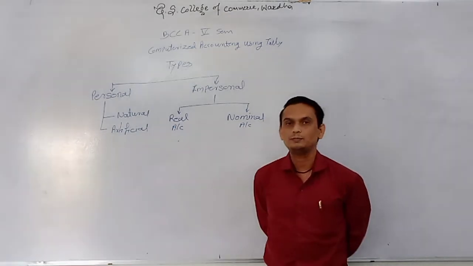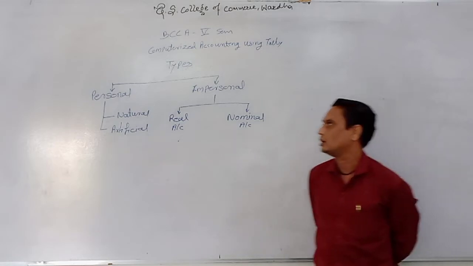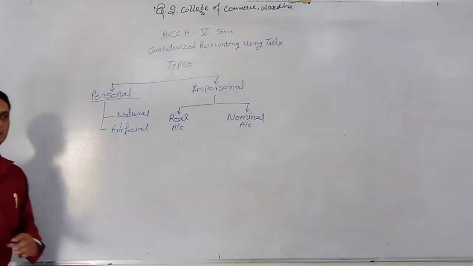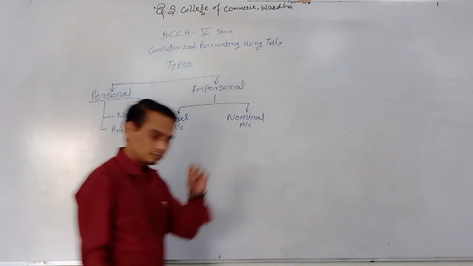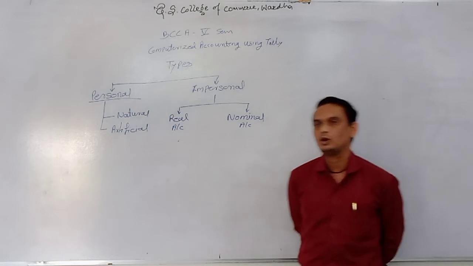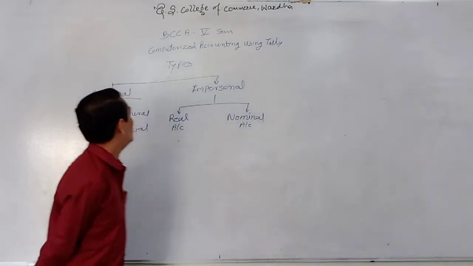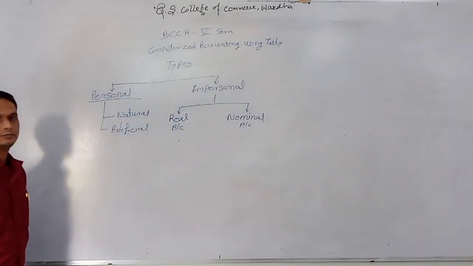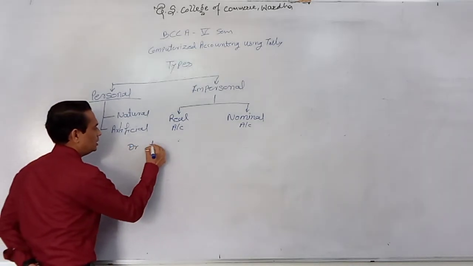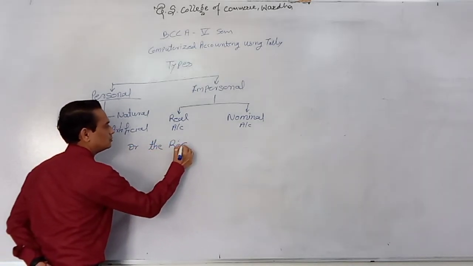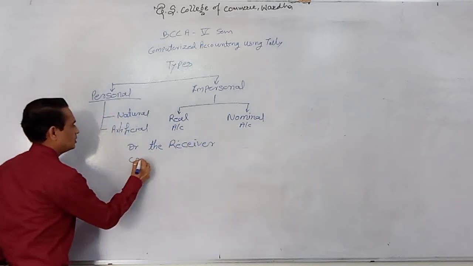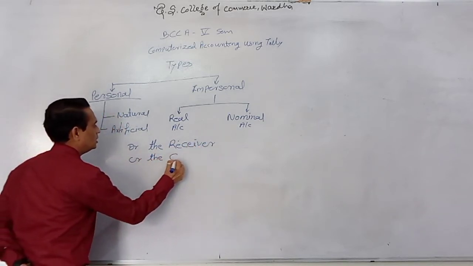So all these related accounts are personal accounts. For the personal account we have a rule for making the transactions, called the golden rule for personal account. The rule is: debit the receiver and credit the giver.